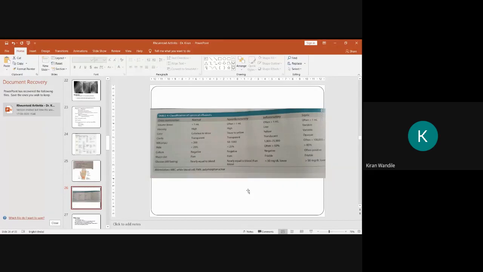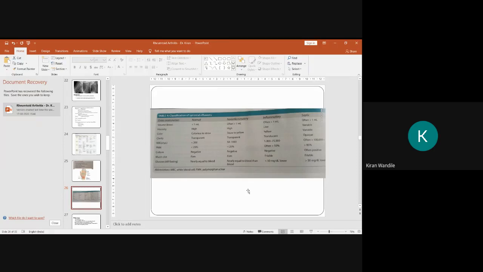Now coming to inflammatory arthritis, the volume will be more than 1 ml because of the effusion. Then viscosity will be low, color will change to yellow, it will be translucent, counts will rise up to 75,000, and PMN will go more than 50%, culture will be negative, clot will be friable, and glucose will be less than 50.